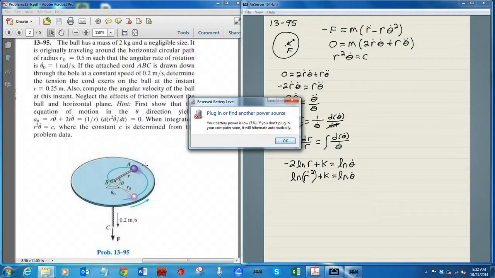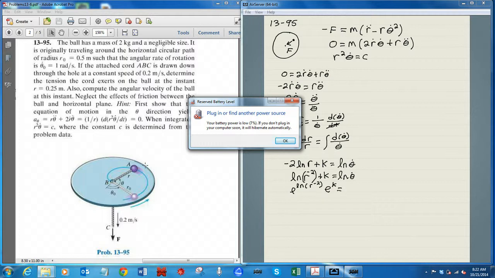Okay, now I'm going to take the exponential of both sides. So this becomes e to the ln of r to the minus 2 times e to the k.